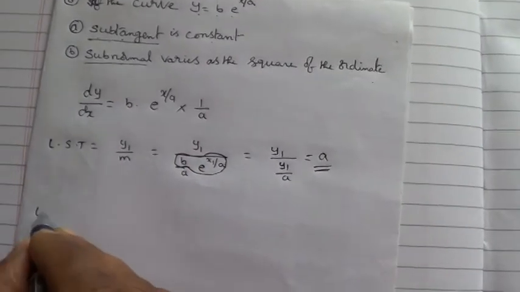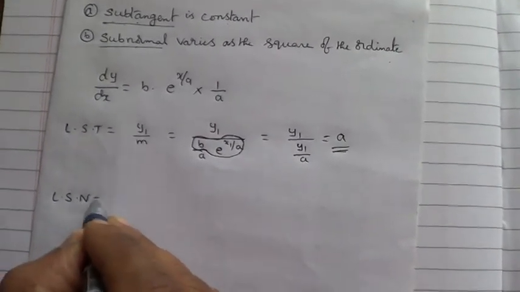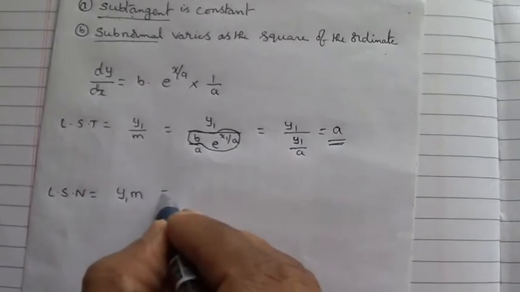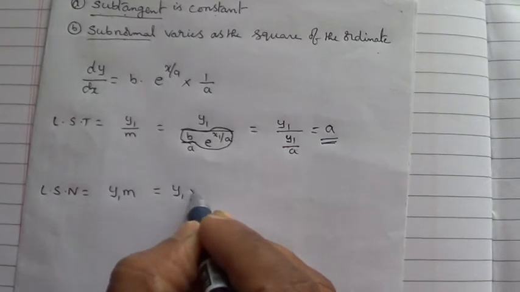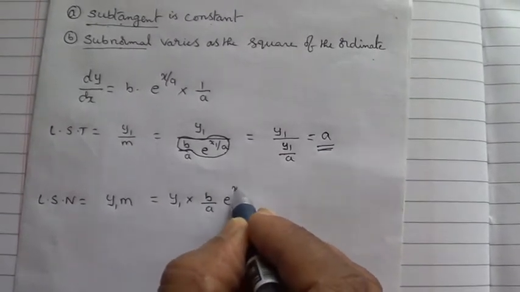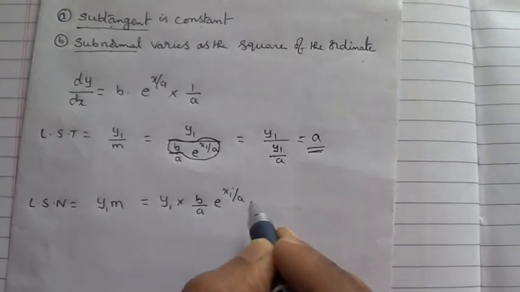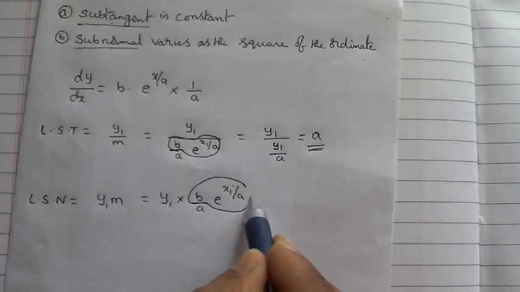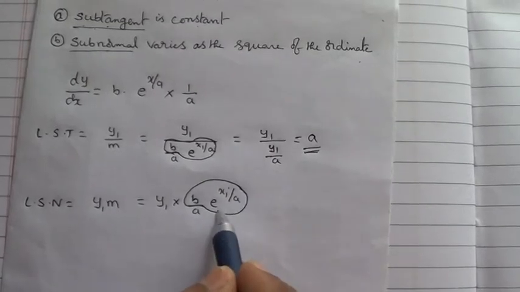Next, what is it asking? Length of the subnormal. Length of the subnormal is equal to y1 into m. So that is y1 into what is m? M we got as b by a into e to the power of x1 by a. But b into e power x1 by a, again we can write it as y1, right?